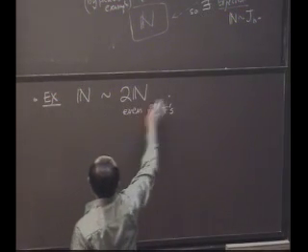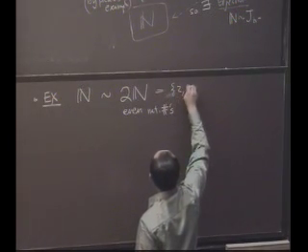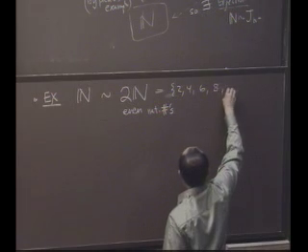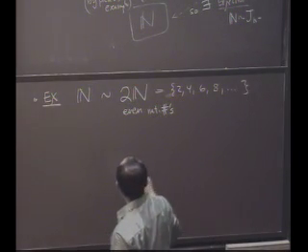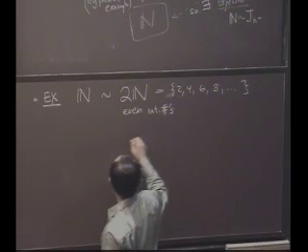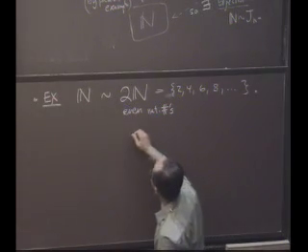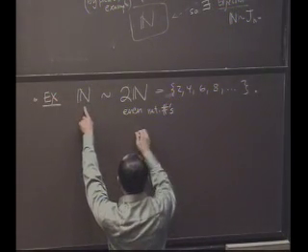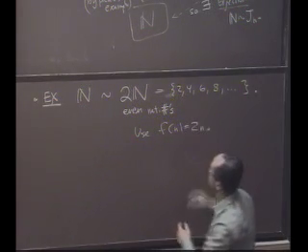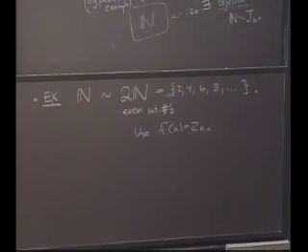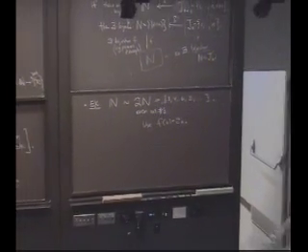Here's the even natural numbers: 2, 4, 6, 8, dot, dot, dot. And what's the correspondence then? What would I associate to a number here? Yeah, f of n equals 2n. So the natural numbers and the even natural numbers have the same size in some sense. Okay?